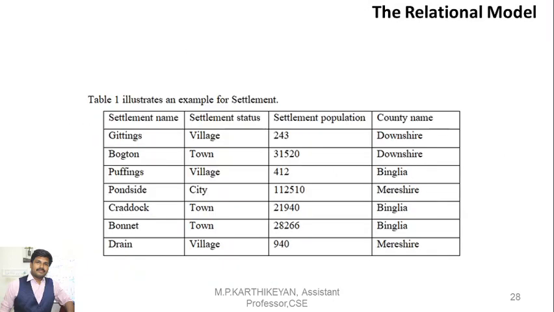Based upon this condition, we check Pondside. Pondside has more than 20,000. Actually, it has a settlement population of 1,12,510, whereas Drain has only 940.